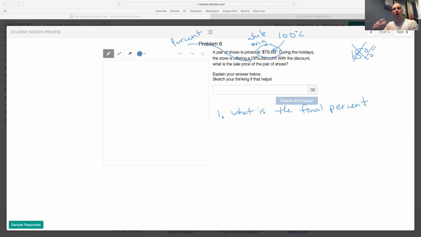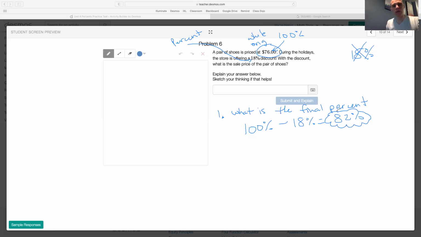We want to know what is the percent at the end of all this. What our new price, what percent of the original price is that going to be? And the way you do that is by thinking about the fact that you start with 100% of the price, and you're going to take 18% of the price away. So 100% minus 18% equals 82%. This is the percent we really care about.